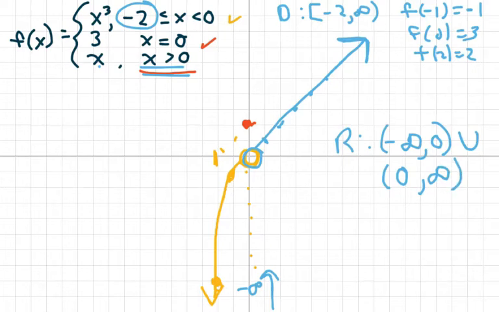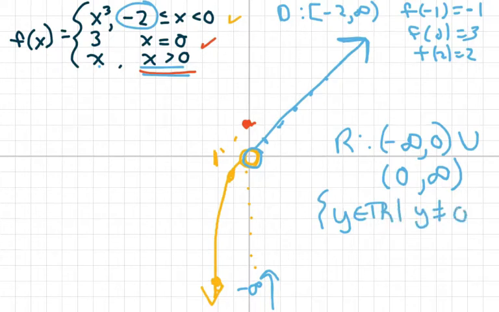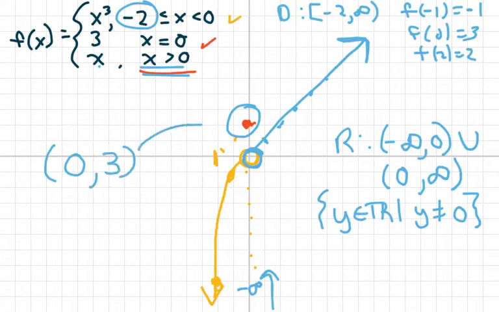Or you could say your range is all real numbers, but y cannot be 0, because at 0 we have an open circle. And we have one intercept here. When x is 0, y is 3. That's this point right there.